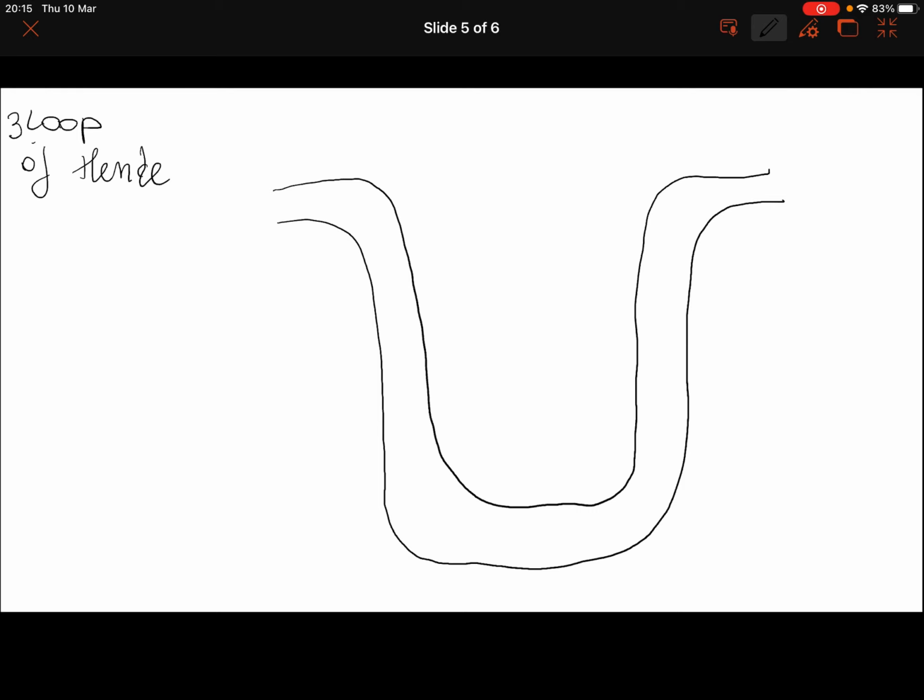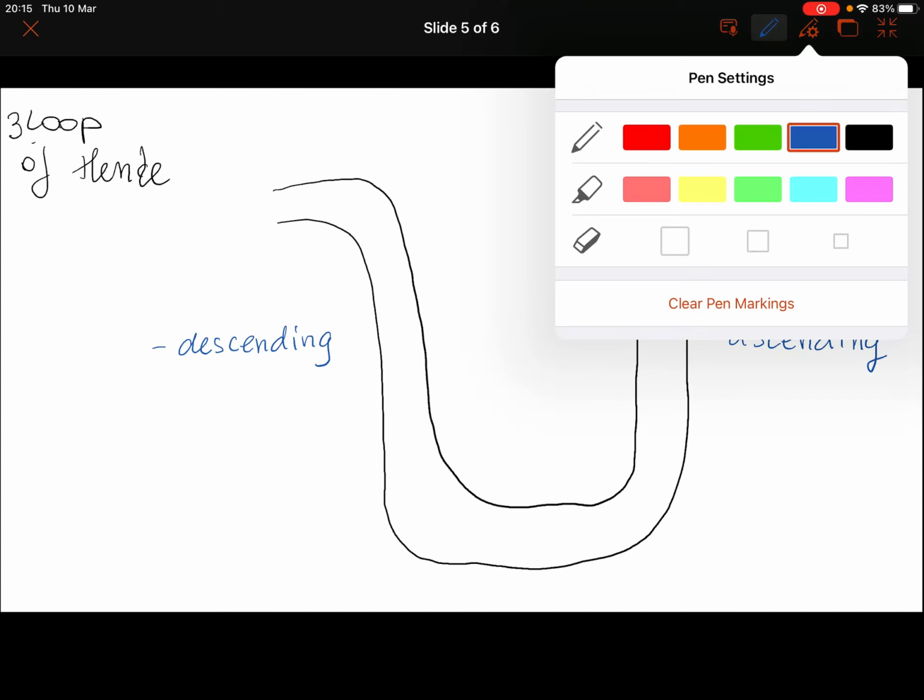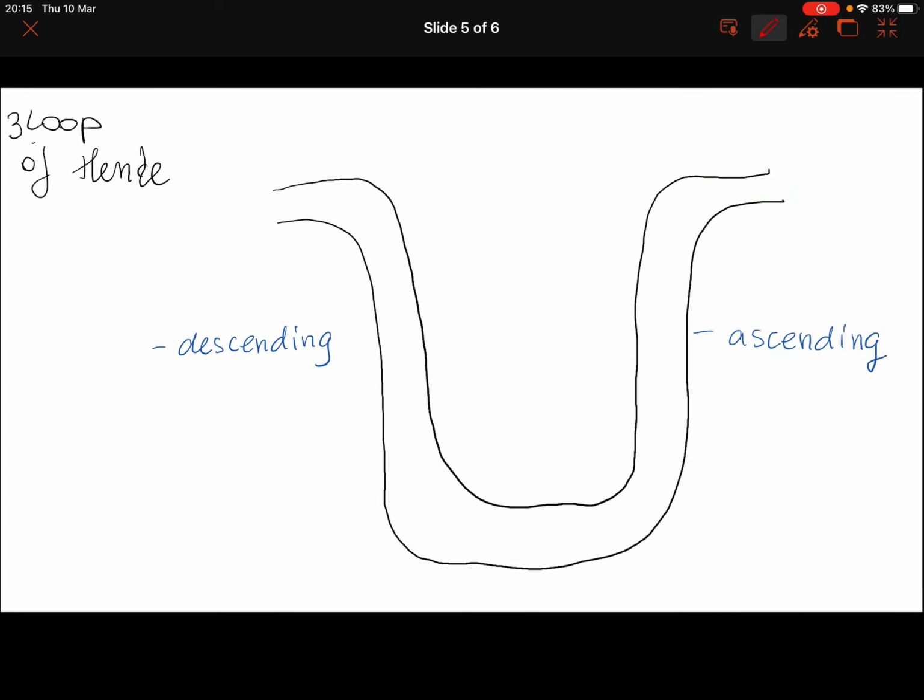We did say that the loop of Henle is formed of two limbs. One limb is called descending, and the other limb is called ascending. Those limbs have different jobs, hence they will have different characteristics. The descending limb is permeable to water.